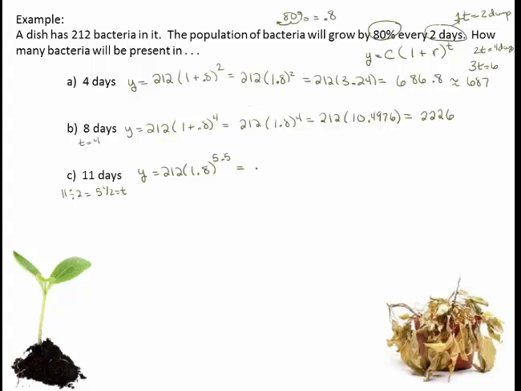And I get 25.35. It's actually 25.35121, etc. It goes on and on and on. And I multiply that by 212. And I get 5,374.5, so 5,375 bacteria will be in that dish within 11 days.